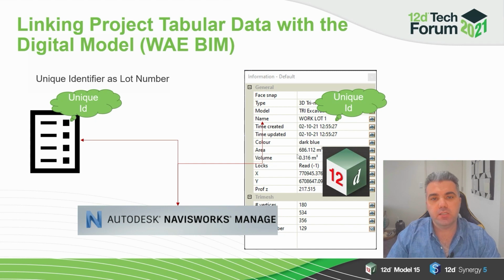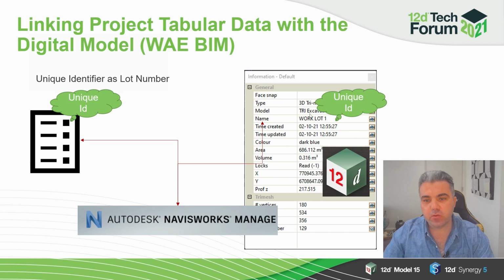So how do we link this tabular data with the digital model? Well, this is one of the ways you can do it. You can name the tri-mesh with the work lot number.